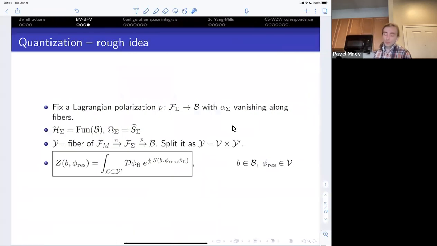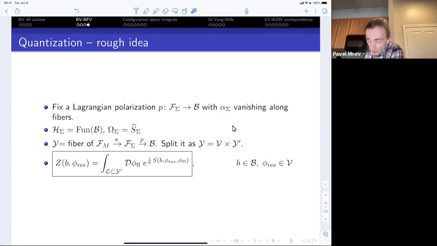And the very rough idea of quantization is like that. If you are given a classical BV-BFV theory, how to construct a quantum one out of it. First you equip your boundary space of fields, or boundary phase space, with a Lagrangian polarization. For simplicity, let's think of a real fibrating polarization with base B curly, and we want it to be such that this boundary one-form vanishes along the fibers.